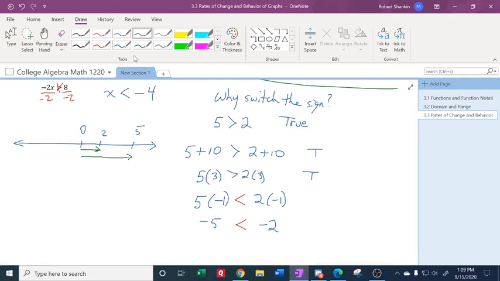But when you multiply both sides by a negative number, suppose you multiply both sides by negative 1, it just turns this thing around, and turns this thing around. And so the one who was further to the right, which was the larger one, now becomes further to the left, and it's the smaller one.